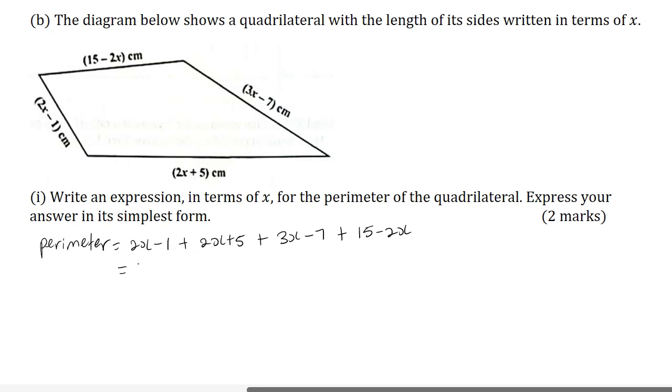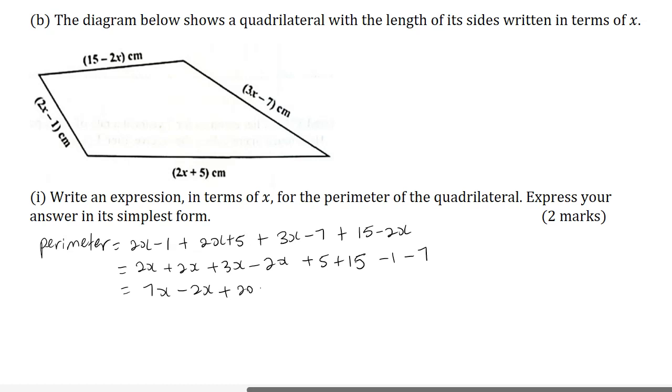Now, I want to group all the like terms, so I'll put all the variables together, putting positives before negatives, and do the same for the numbers. So we have here 2x plus 2x plus 3x minus 2x plus 5 plus 15 minus 1 minus 7. 2 plus 2 is 4, 4 and 3 is 7, so this is 7x minus 2x. 5 plus 15 here is 20.